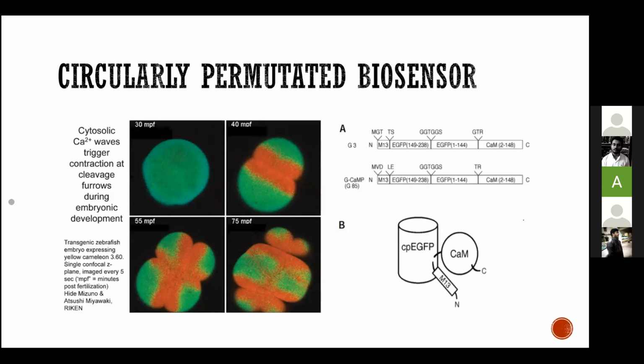Let's say you're taking calmodulin and you're putting it in this experiment scenario. You take this transgenic zebrafish embryo and you just put calmodulin in it. Calmodulin will go near that furrow and it will catch the calcium ions.